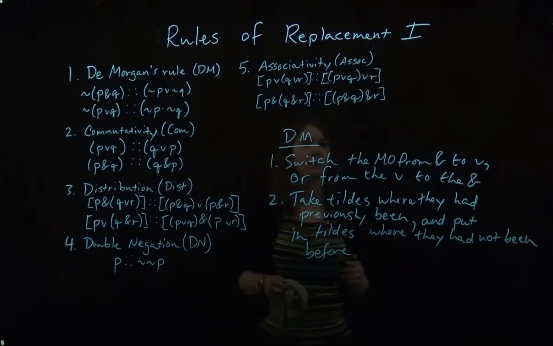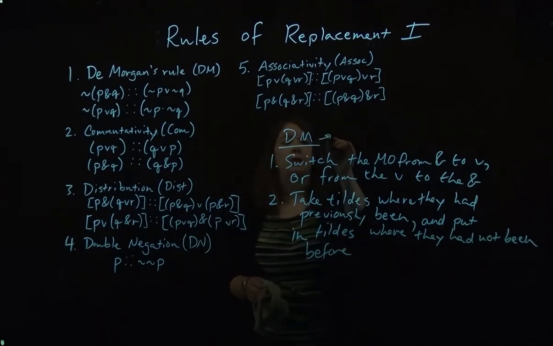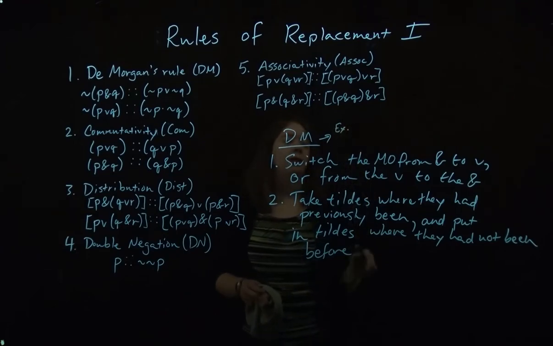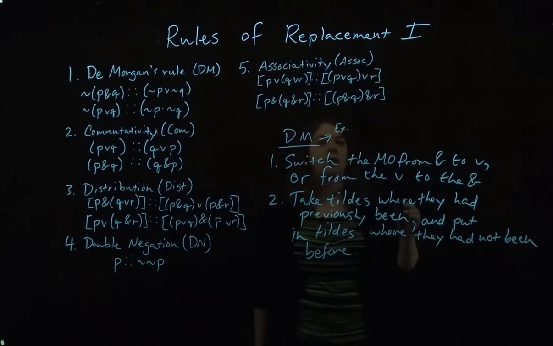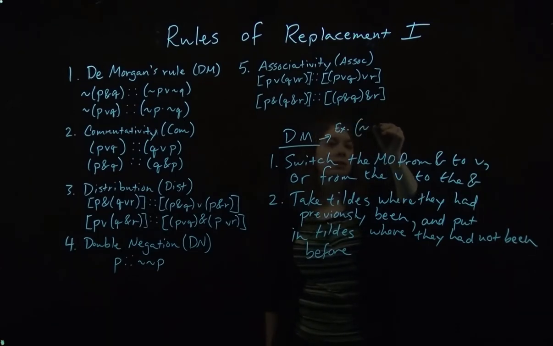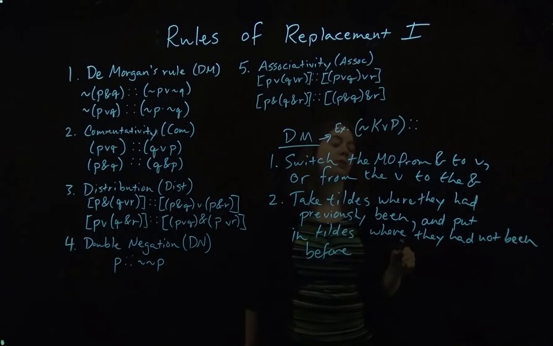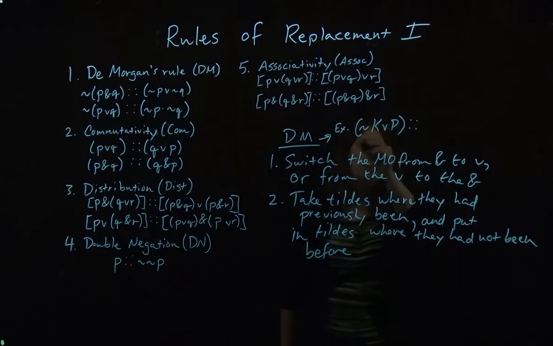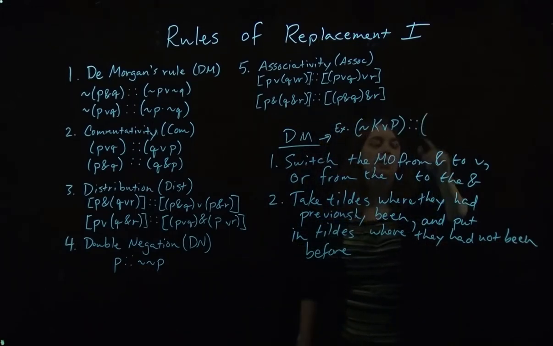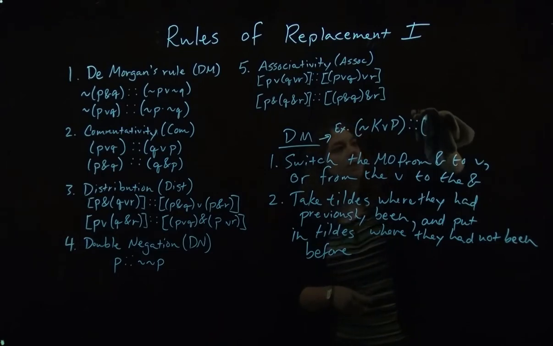So for instance, I'll just take an example. If you had something like not K or P, according to De Morgan's rule, the equivalent to this particular disjunctive statement would be the following.